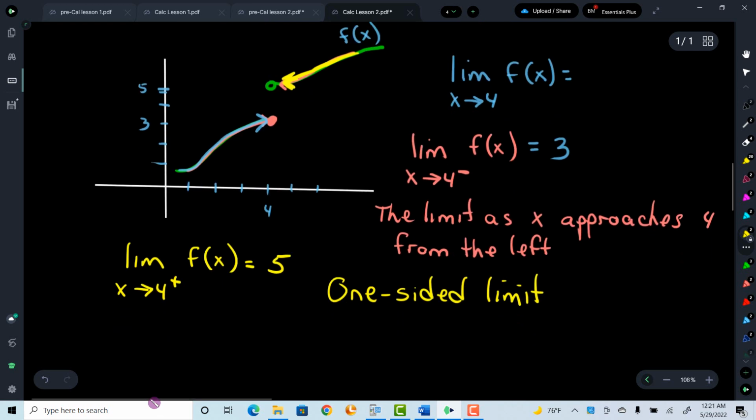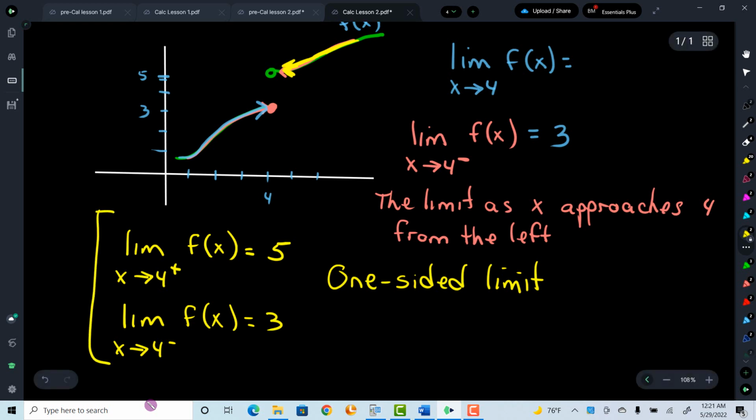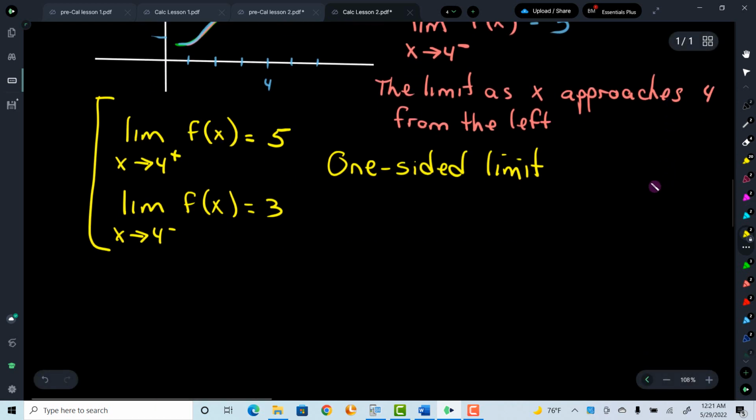Okay? So in this example, we have the limit as x approaches 4 from the right equal to 5, and the limit as x approaches 4 from the left of f of x equal to 3. Since these two limits are not the same, that means the limit as x approaches 4 does not exist, right?